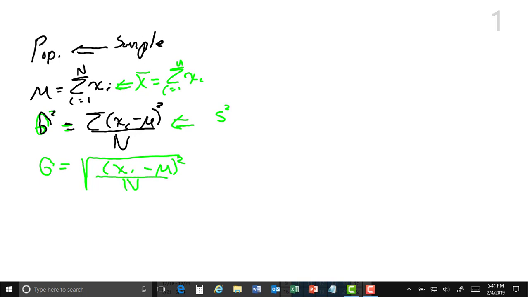So I just square rooted both sides. But this then will be like the deviation. It's the same number, really. I mean, just they've been square rooted. So here we have the variance. It's like same thing.